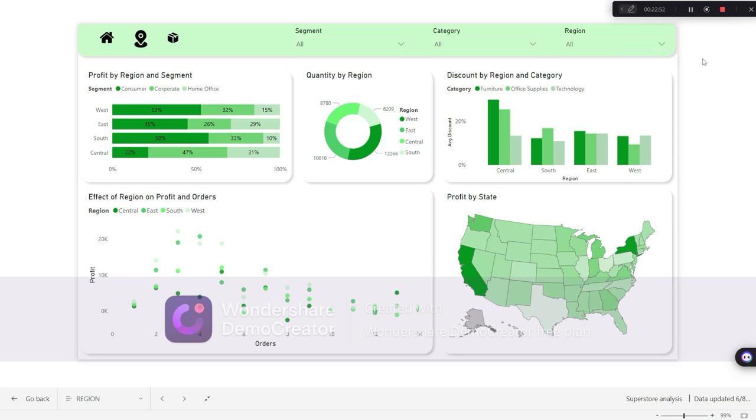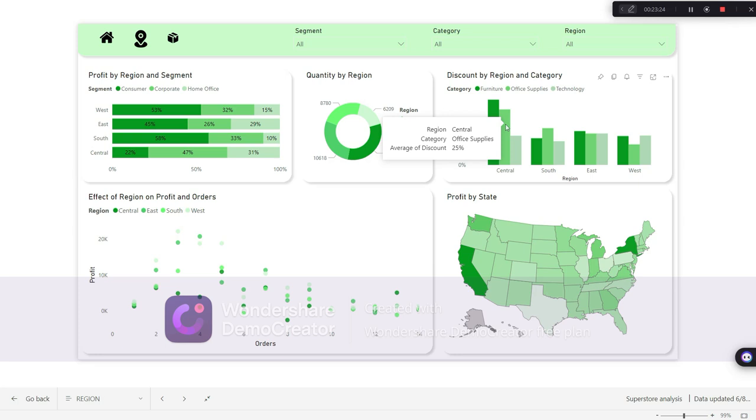Next is discount by region and category. More than 20% average discount we give to the furniture category in Central. A dark green candle is for furniture category in central region.